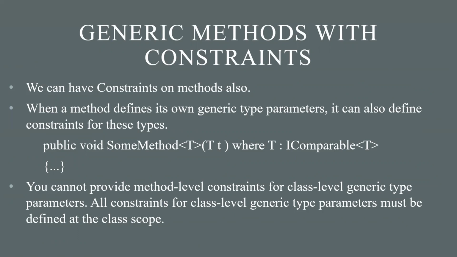One important thing to note here is that you cannot provide method level constraints for class level generic type parameters, because method level constraints are for method scope only. So all constraints for class level generic type parameters must be defined at the class level or class scope.